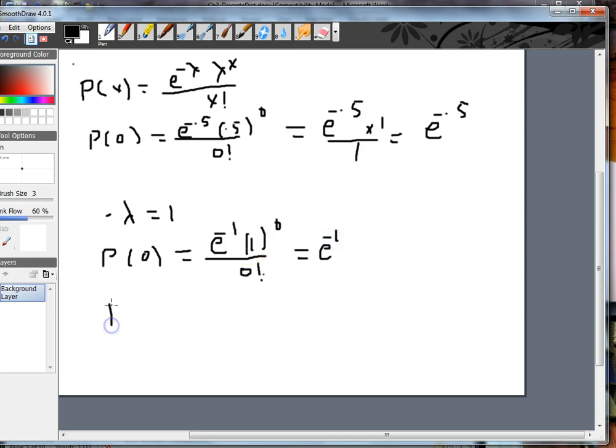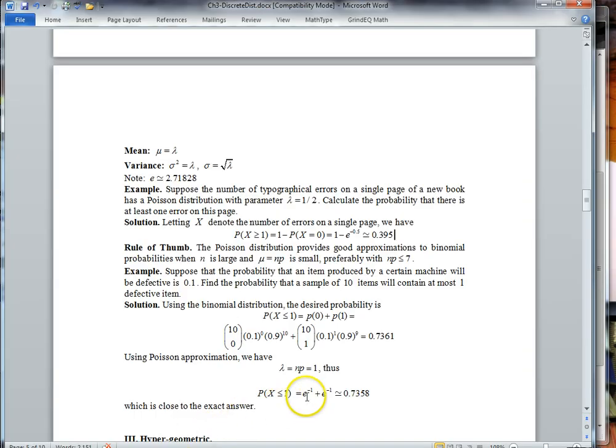I want P of 1, and that's the same, e to the minus lambda is e to the minus 1, times lambda raised to power 1 over 1 factorial. Again, 1 raised to power 1 is 1, 1 factorial is 1, so that gives me another e to the minus 1, and I want to add these two together, which is what I have here.